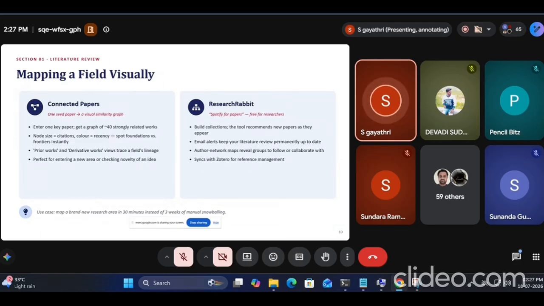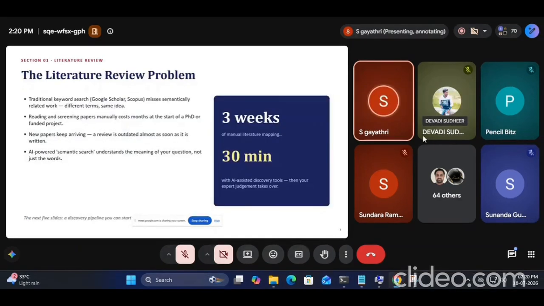And the tools which we are going to discuss now, for mapping a field visually, are Connected Papers and Research Rabbit. You must be familiar with these. These are the next two tools for seeing a field rather than listing it. Connected Papers works for a single topic, but that complete paper might not contribute to your research ideas.